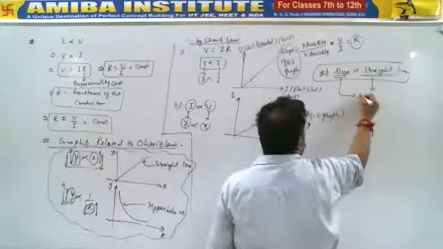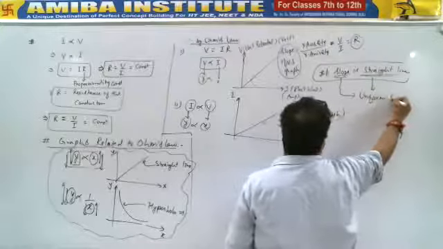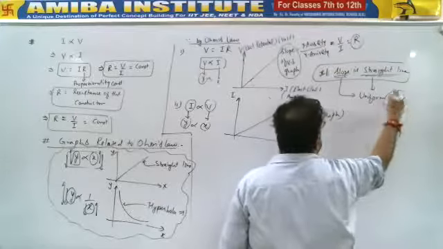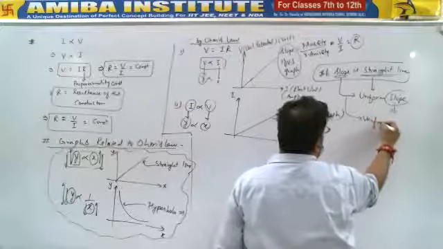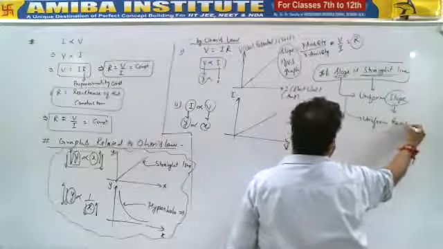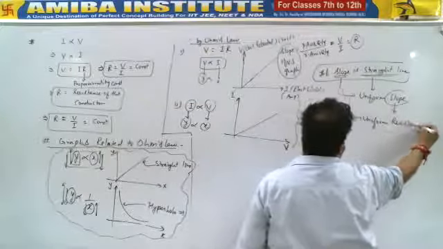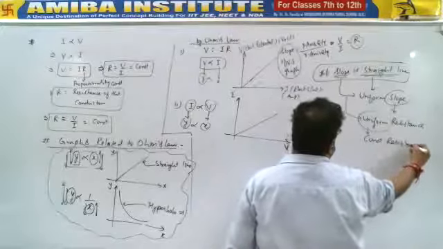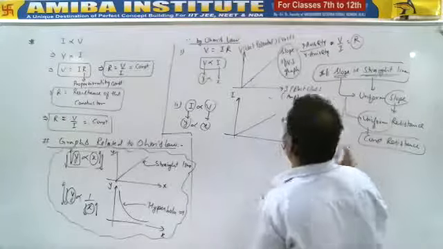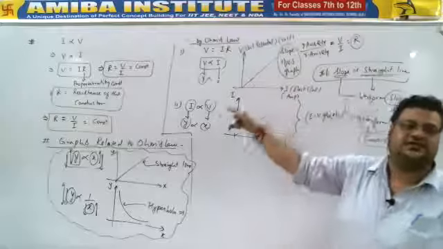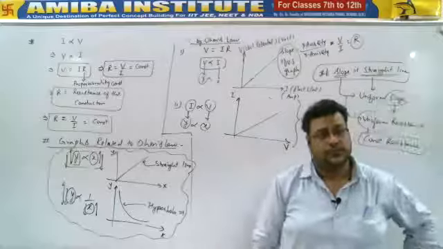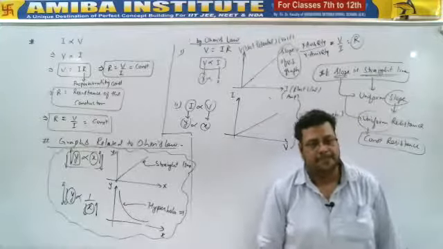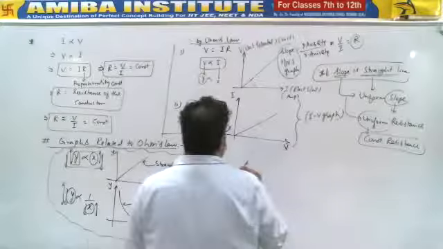The slope of the VI graph represents resistance, so uniform resistance. Uniform means similar, same, constant resistance. That means the VI graph shows constant resistance if the graph is a straight line. Got it? Is that clear? Yes, sir. Very good.